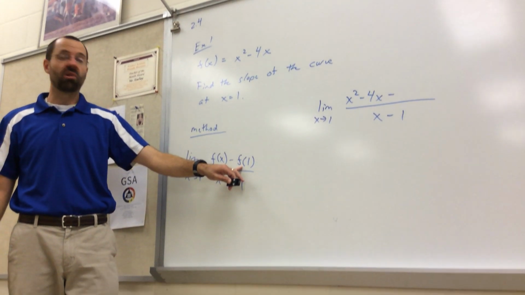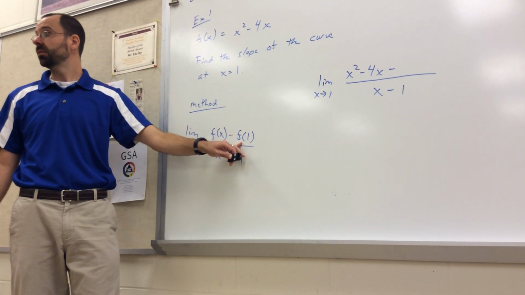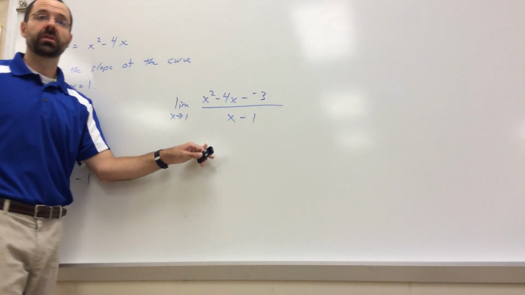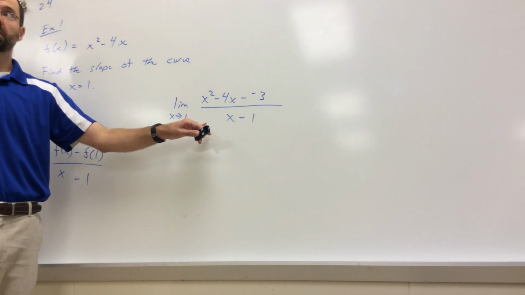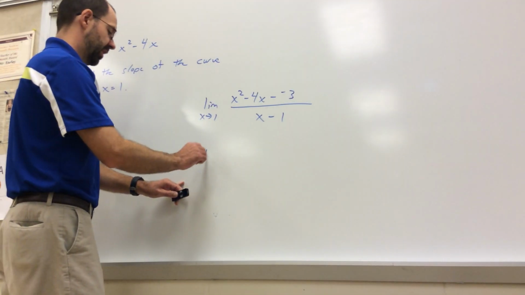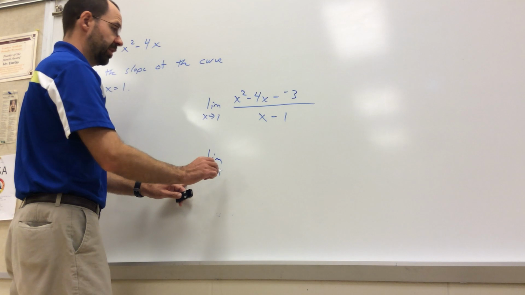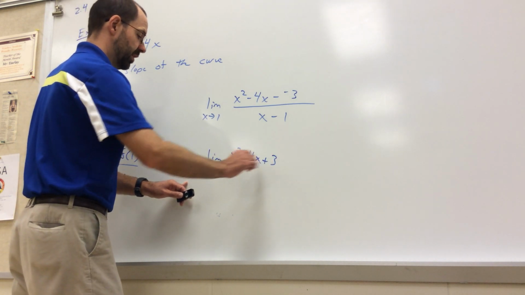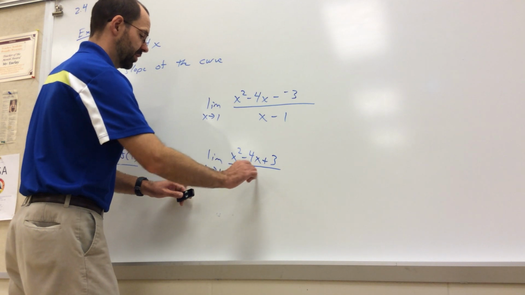And then f of 1 is negative 3, because that's the y value at 1. Okay, so now I'm going to calculate the limit as x goes to 1 of x squared minus 4x plus 3 all over x minus 1.